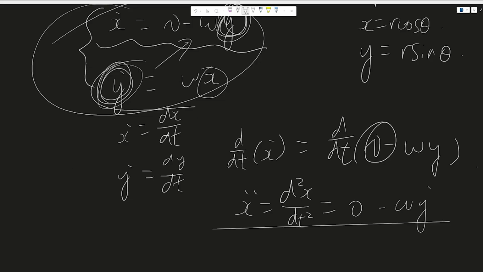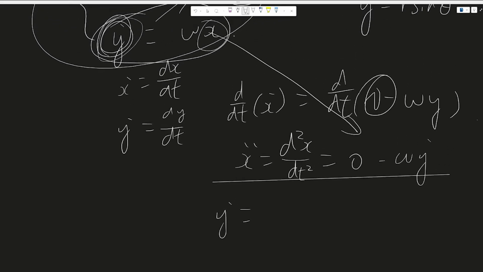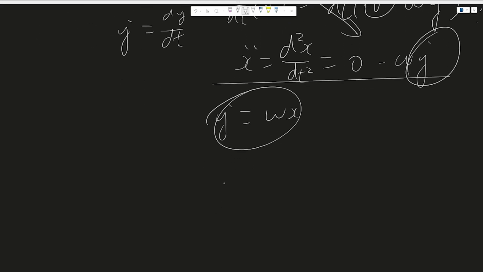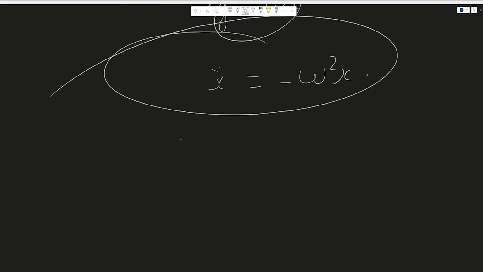Now we can substitute y dot equals omega x back into here. So x double dot just equals negative omega squared x. And this is rather familiar. This is the differential equation for oscillatory motion, and we can just solve for it straight away.